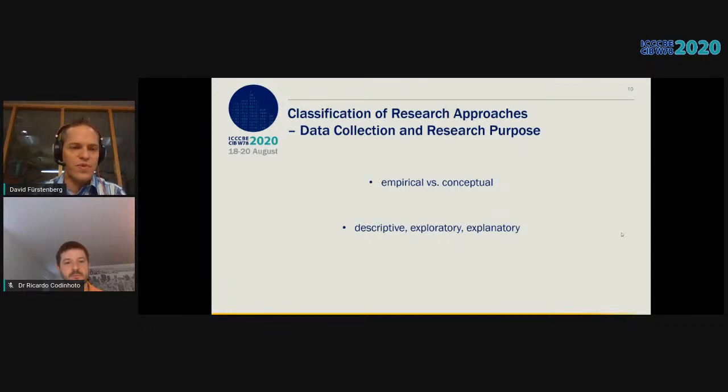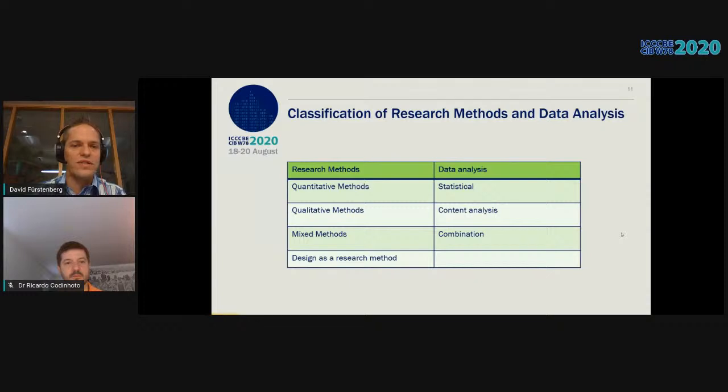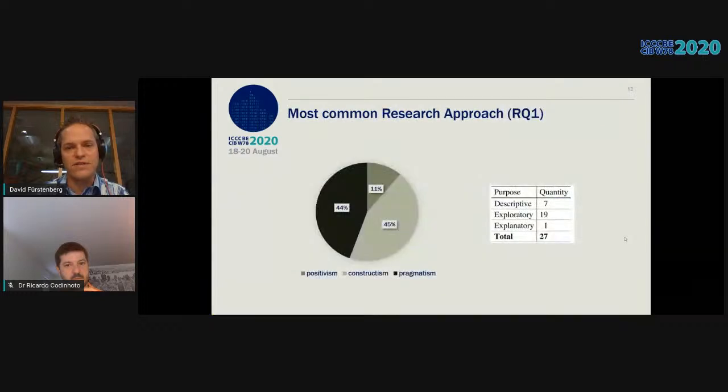For the research methods, I used the framework of quantitative, qualitative, mixed methods, and design as a method with the corresponding data analysis. So all this was the framework that I used for investigation. These are not the results. The results are coming now.